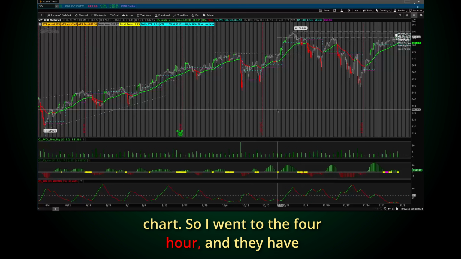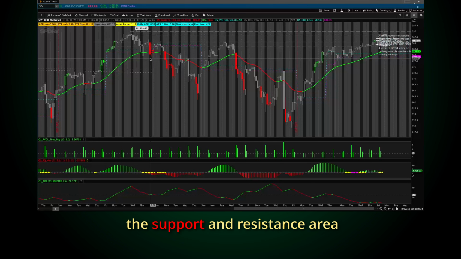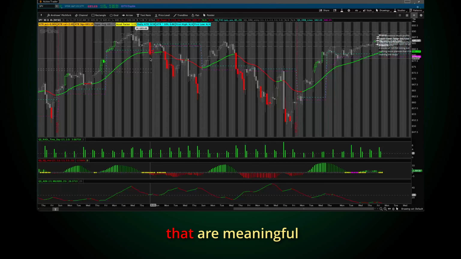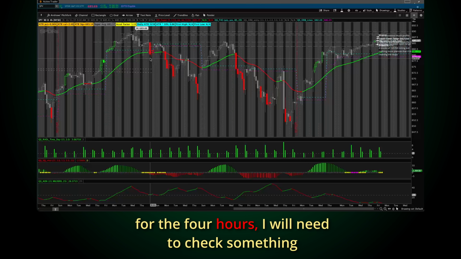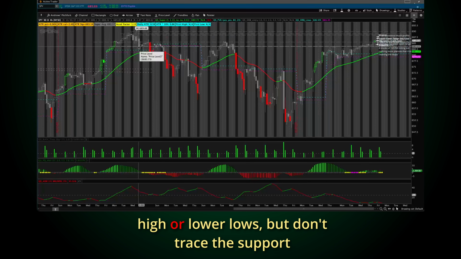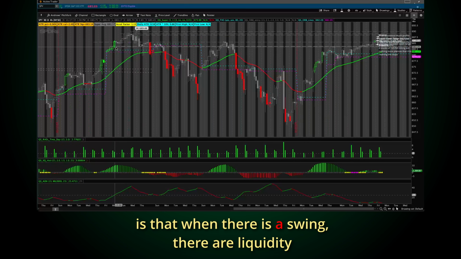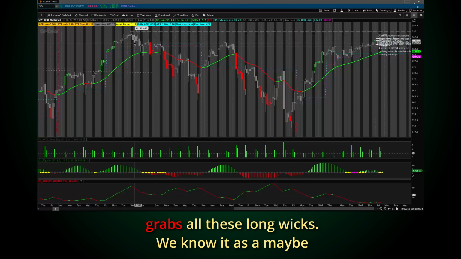They have this concept of liquidity grab. So if I want to trace the support and resistance areas that are meaningful for the 4 hour, I need to look for the swings, the higher highs or lower lows, but not trace the support at the end of the low in the week, because the idea is that when there is a swing, there are liquidity grabs.